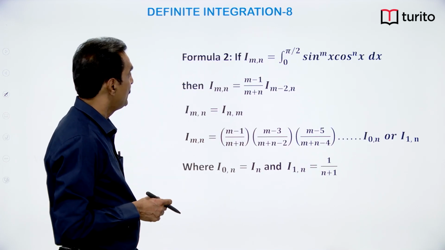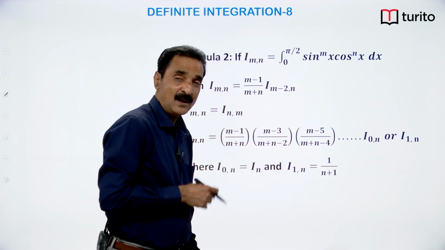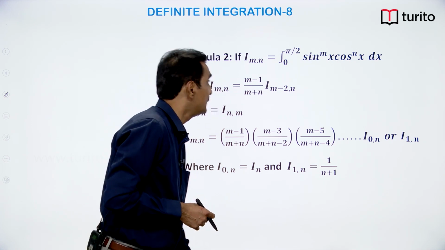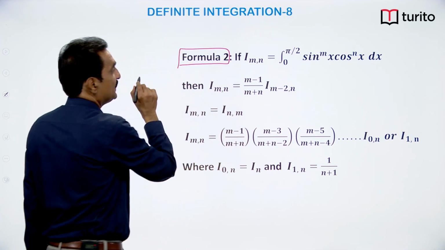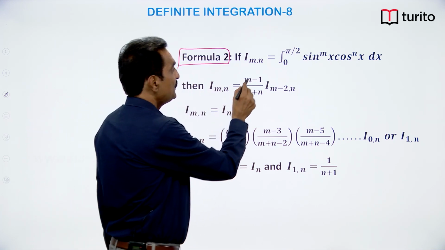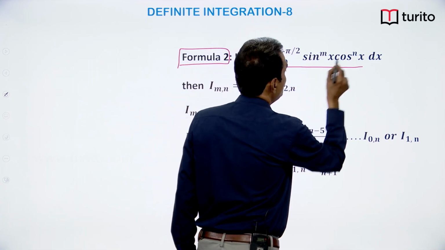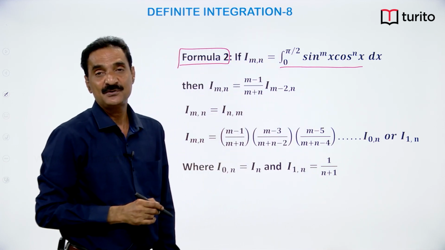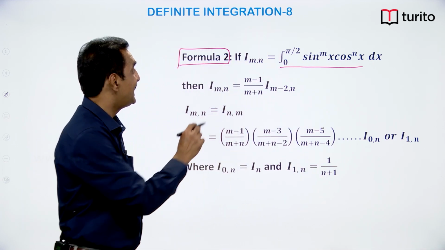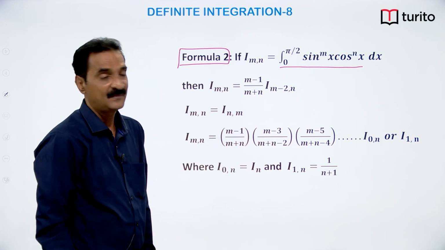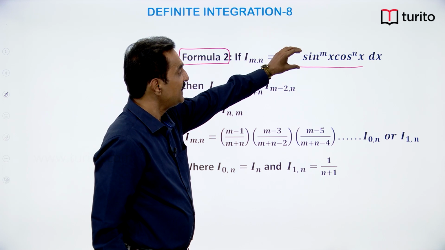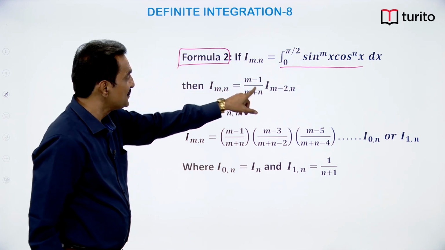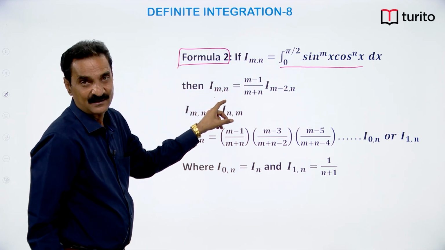Next, one more reduction formula, formula number 2. If you write integral 0 to pi by 2 sin power m x into cos power n x dx as I m comma n, then we can get a reduction formula in which we can reduce either m or n.